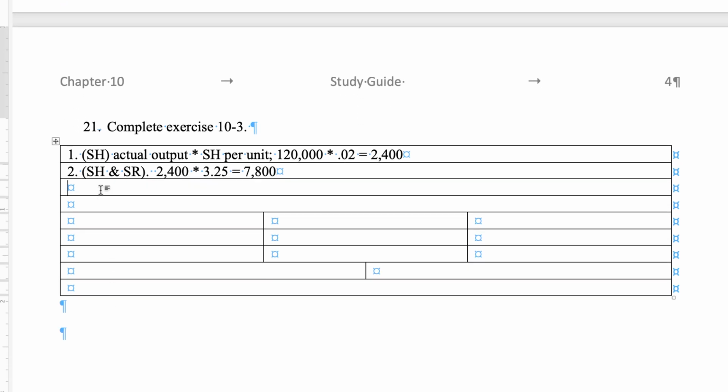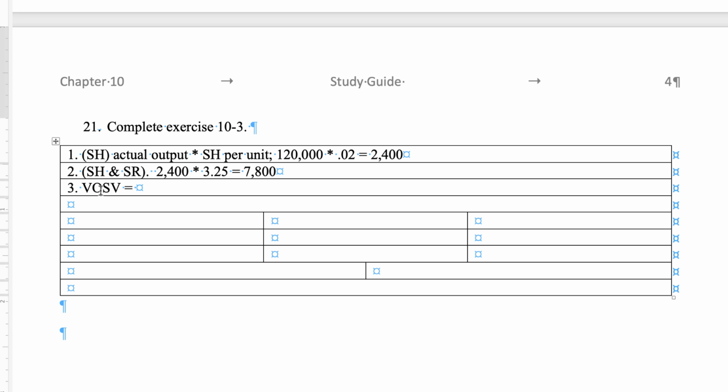Okay, cool. What are we going to do number three? Number three wants us to compare the variable overhead spending variance, right? So I'm going to say VOSV. And again, that variable overhead spending variance, it's a number. That number is made up by the variable overhead rate variance and the variable overhead efficiency variance. So we're trying to figure out what is that total number.